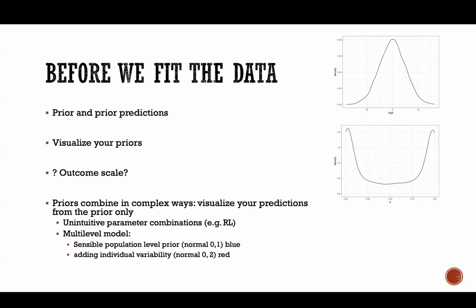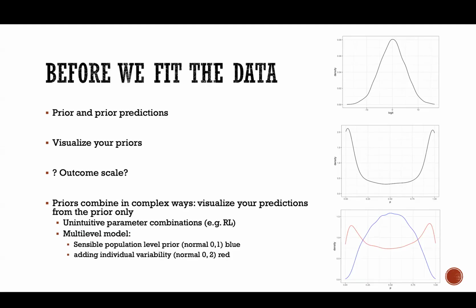So we don't want to go too broad. But then we also have individual variability, and we know that individuals vary a lot. So we might put a normal(0, 2), to say individuals can really vary from the population.